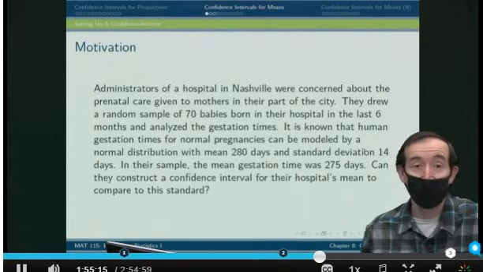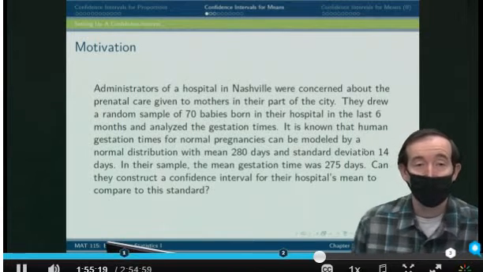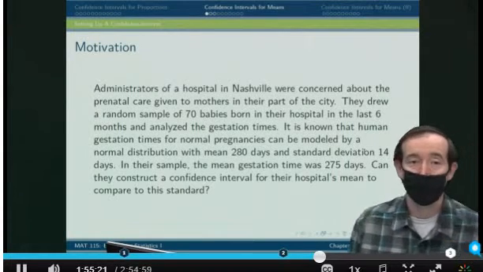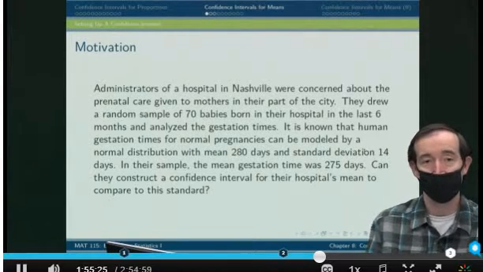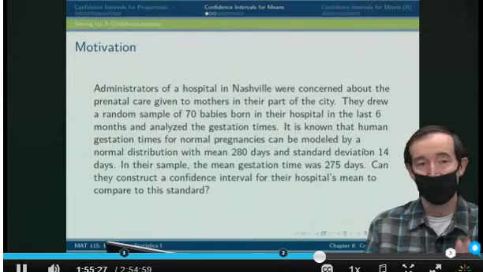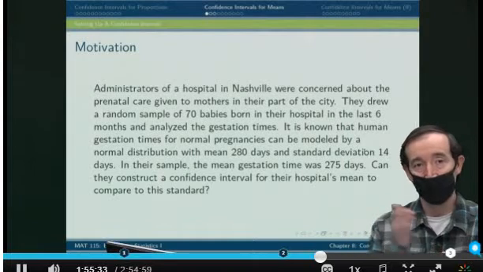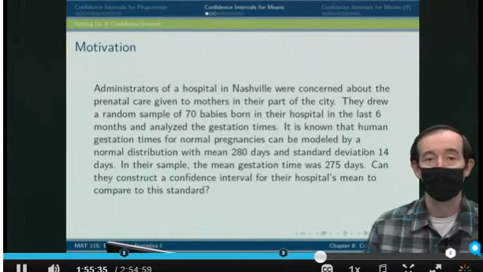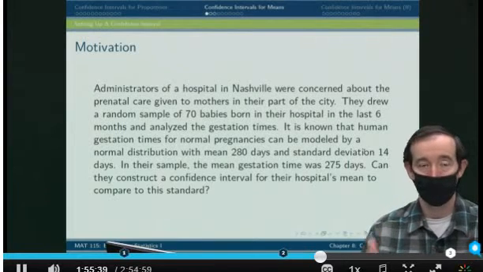Well, they can, but the question is, how do we do it? Now let's think back to what we did with the case of proportions. We took the sample proportion we observed, and we treated that as the midpoint of our confidence interval. Then we computed a margin of error to tell us how far above or below that to go to get the desired confidence level that we are capturing the true value somewhere in that window.